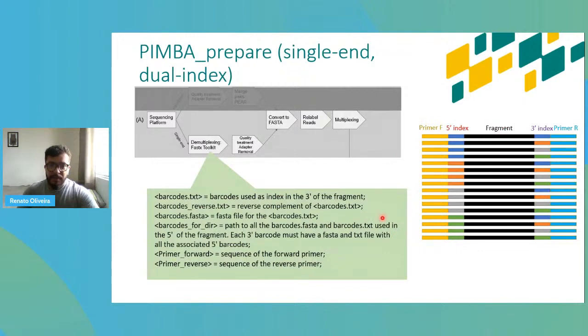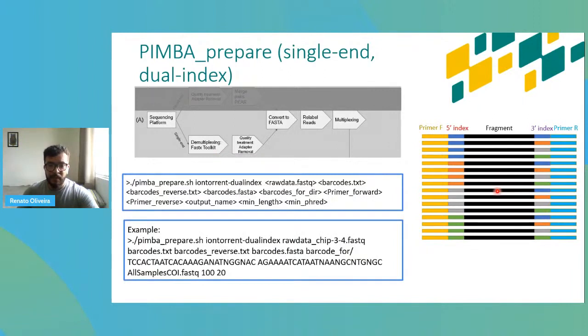By the time that we were developing PIMBA, we couldn't find a tool that could perform this kind of multiplexing step. So we included that in PIMBA. And this is an example of the command line that you could use with PIMBA to analyze this kind of data.